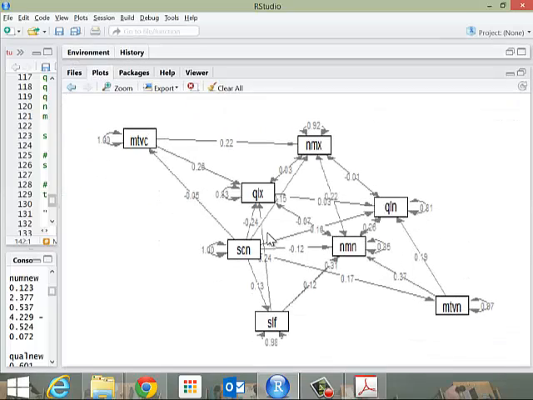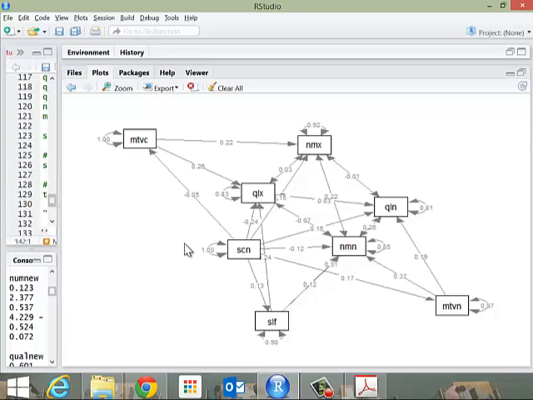For all of the variables, this path diagram's terrible, it's hard to see here. It's adding residual covariances between variables that are endogenous but don't predict other endogenous variables.